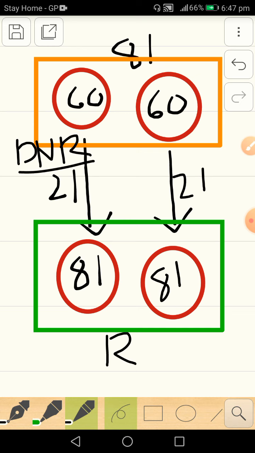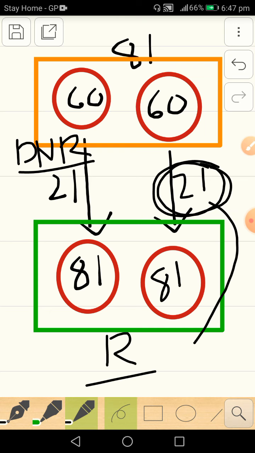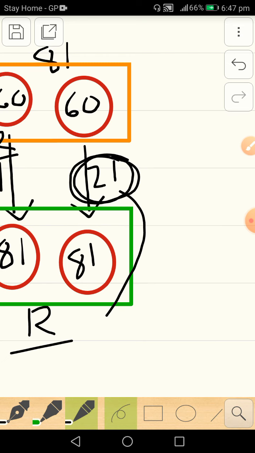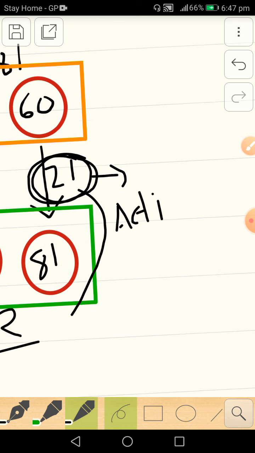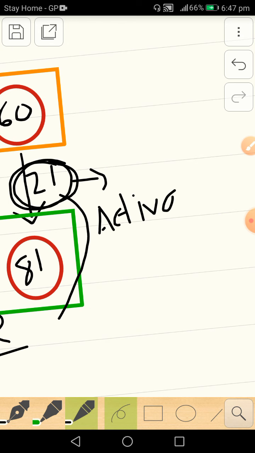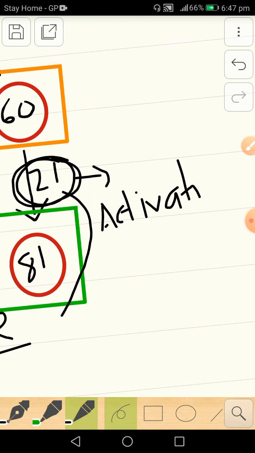Okay, so after giving how much energy have the particles started reacting? 21. Okay, and these 21 kilojoules of energy is what we are calling the activation energy.